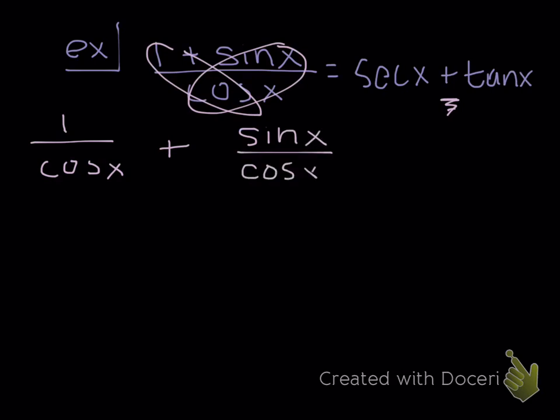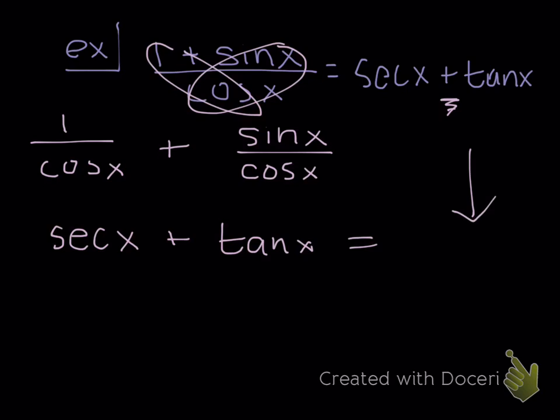So again, it's essentially like you're doing the opposite. You're working a step backwards from common denominators. 1 over cosine, that's the reciprocal identity, so that's a secant. And sine over cosine would be our quotient identity, and I know that is tangent. So in 2 steps, we verify this identity.